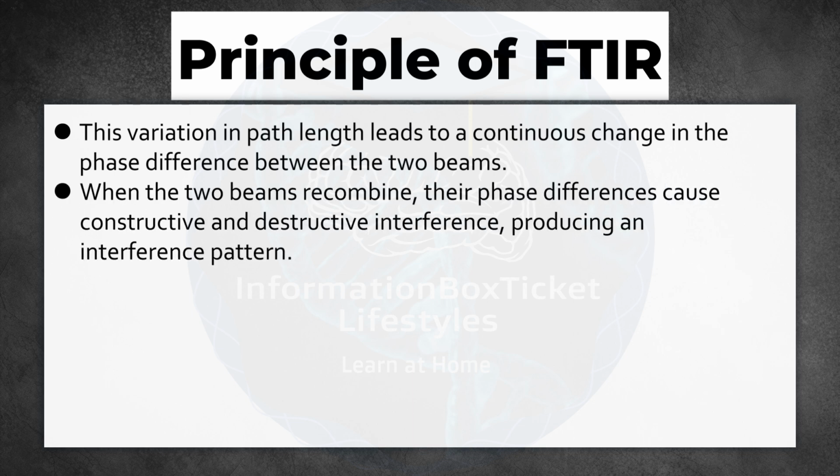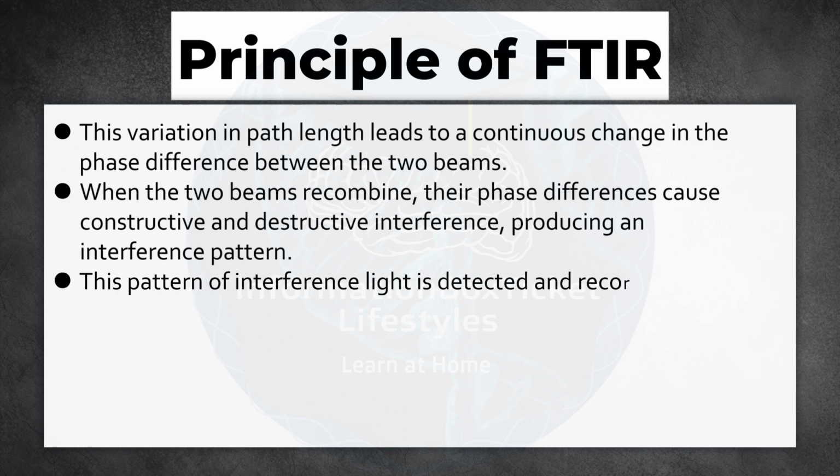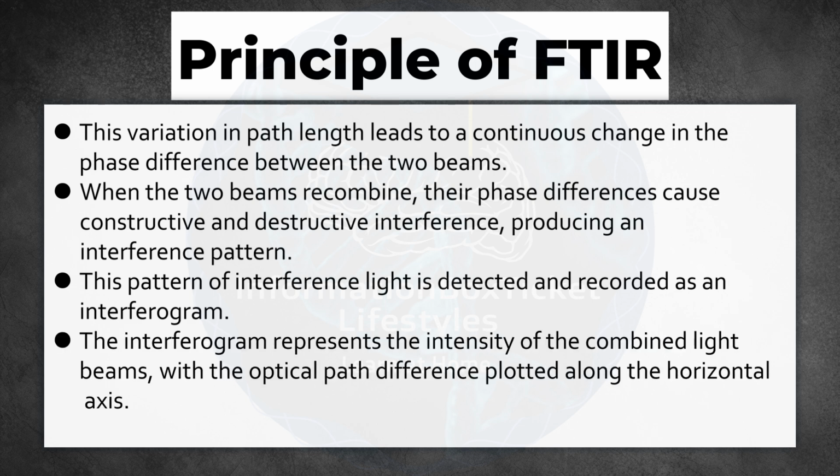When the two beams recombine, their phase differences cause constructive and destructive interference, producing an interference pattern. This pattern of interference light is detected and recorded as an interferogram. The interferogram represents the intensity of the combined light beams, with the optical path difference plotted along the horizontal axis.